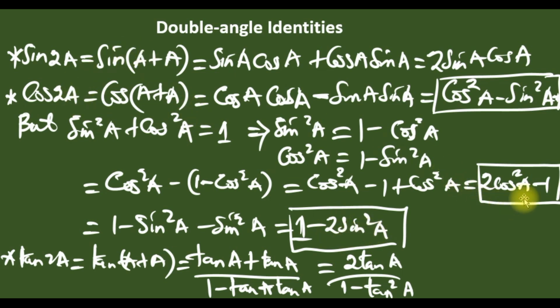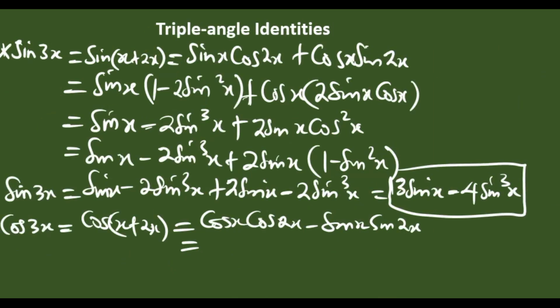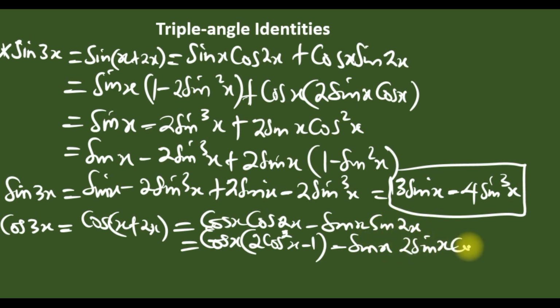Since we're on cos, we use the one that has only cos. So we replace cos 2x with 2 cos squared x minus 1, minus sine x. We know that sine 2x is 2 sine x cos x.